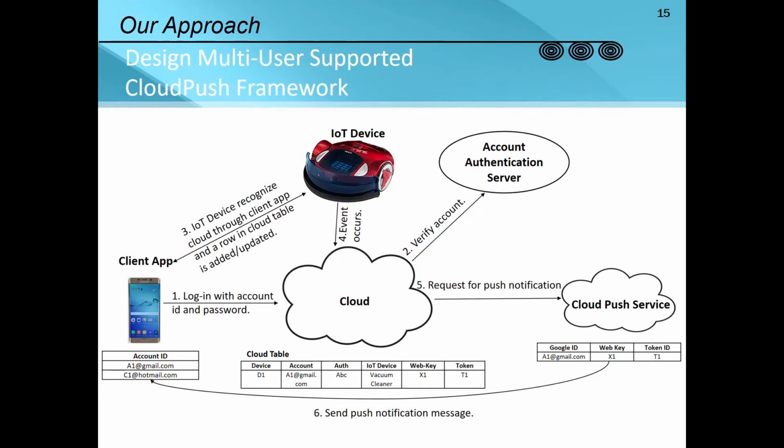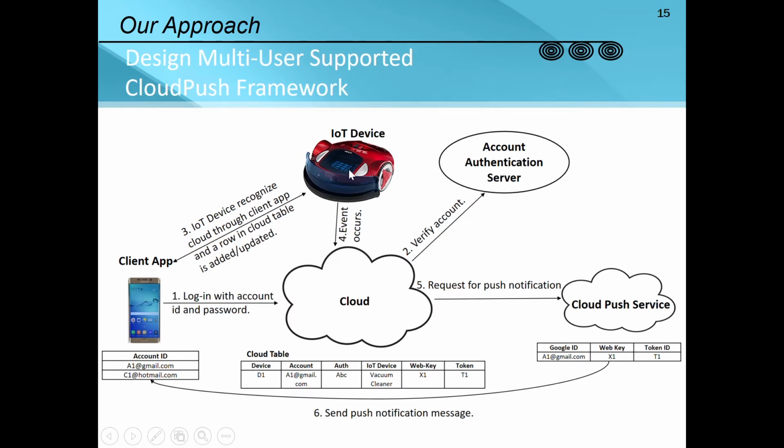So the cloud, number one, completes the account verification process and informs the client application whether the account information is valid or not, maintains the cloud table and performs database CRUD operations, passes push messages to the push message service, and responds accordingly to the requests of the client application and IoT device.